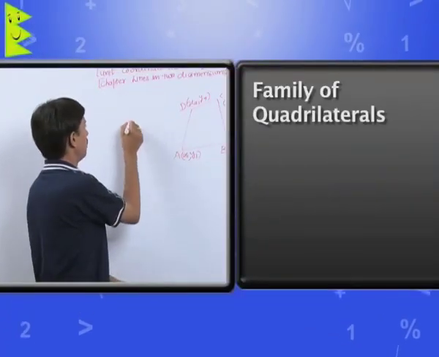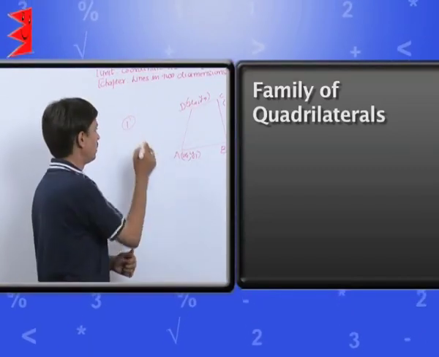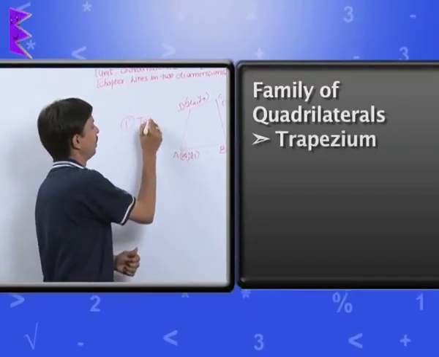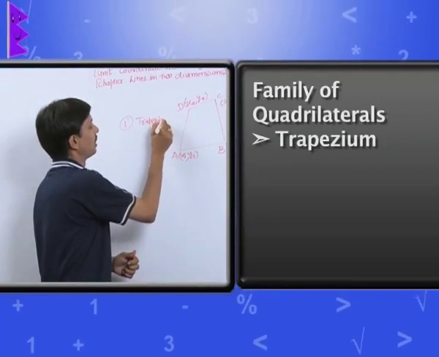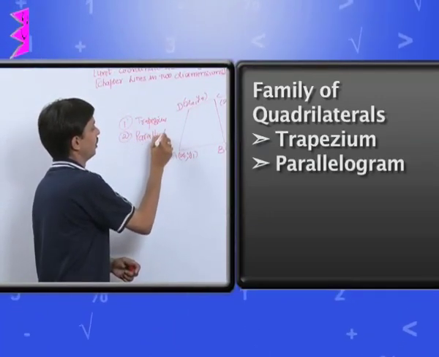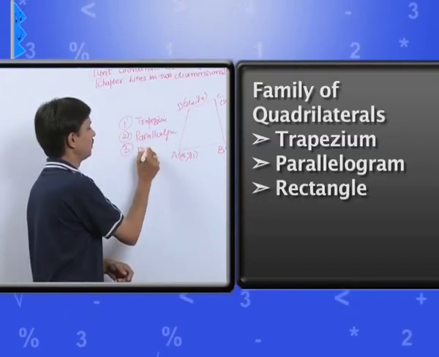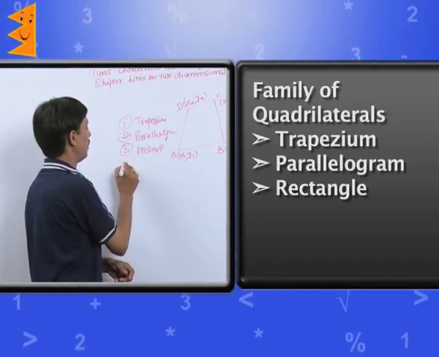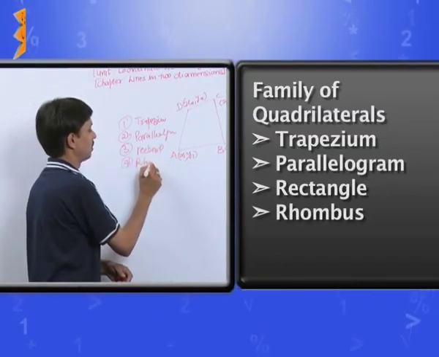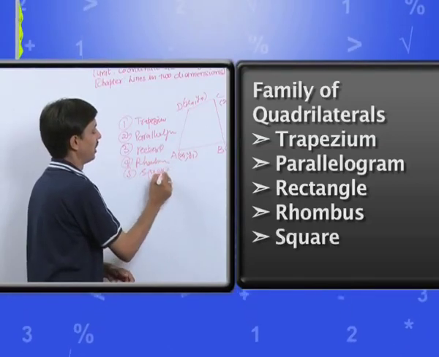Number 1, the type can be asked: is it a trapezium, or is it a parallelogram? It may be a rectangle, a rhombus, or a square.